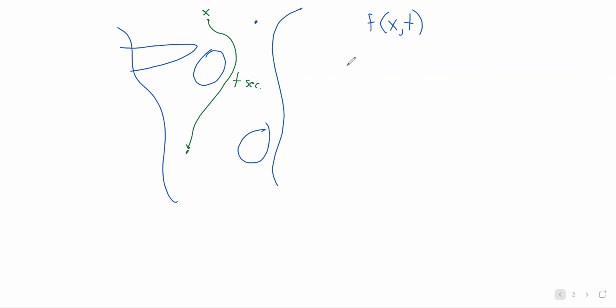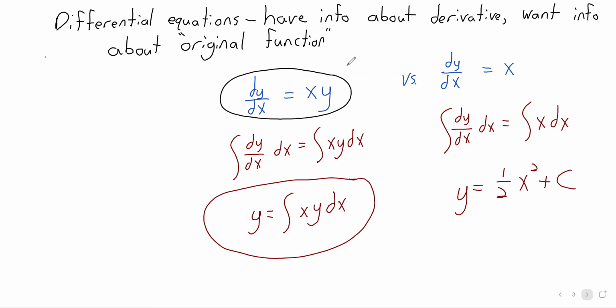If I take dy dx equals xy, and I pretended that dy dx was a fraction, and I got all the x's on one side of the equality and all the y's on the other.